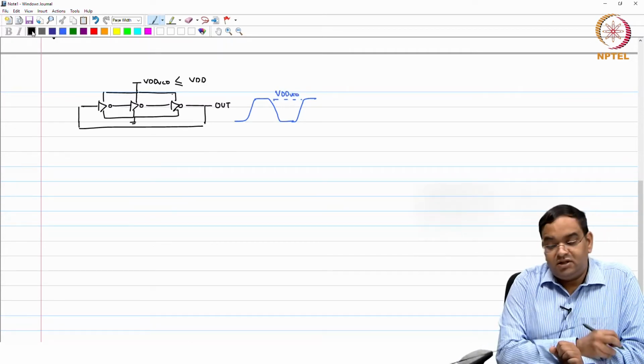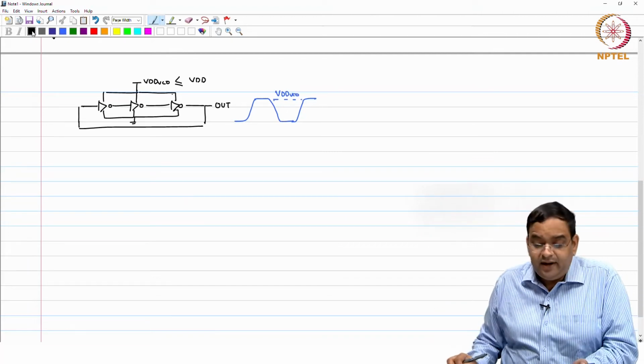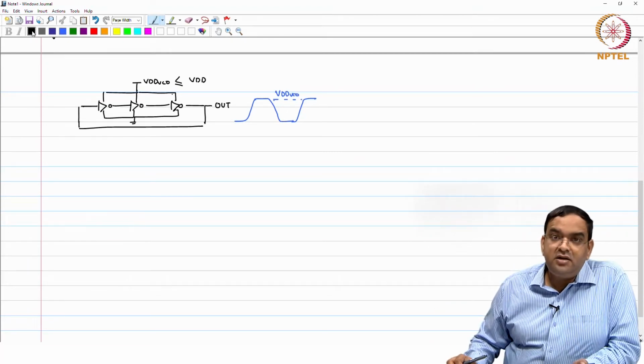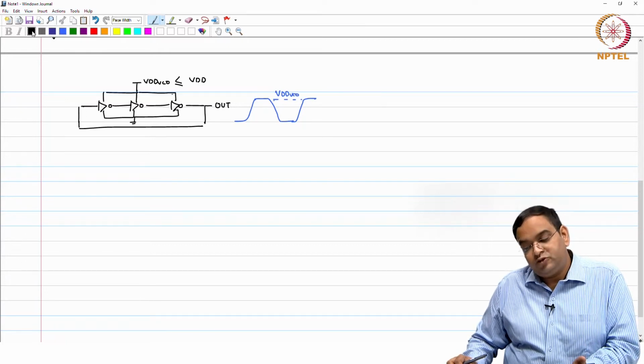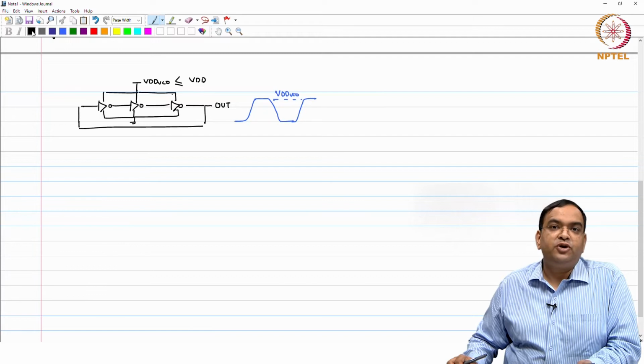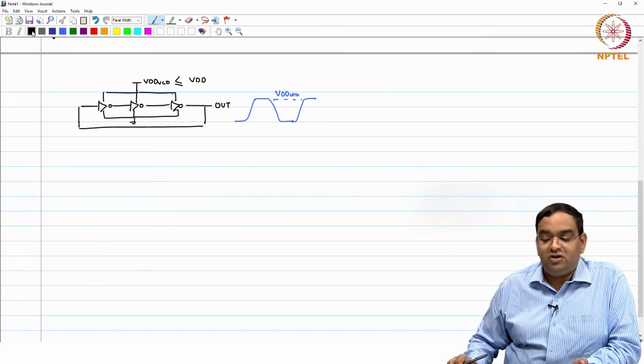Now, where does our logic stand? Initially we were using a small swing oscillator, we shifted to a full swing oscillator because that is more useful, right. The swing does not depend. Now, we are saying that in order to control the frequency, you change the supply voltage. So, the swing argument has gone for a toss.